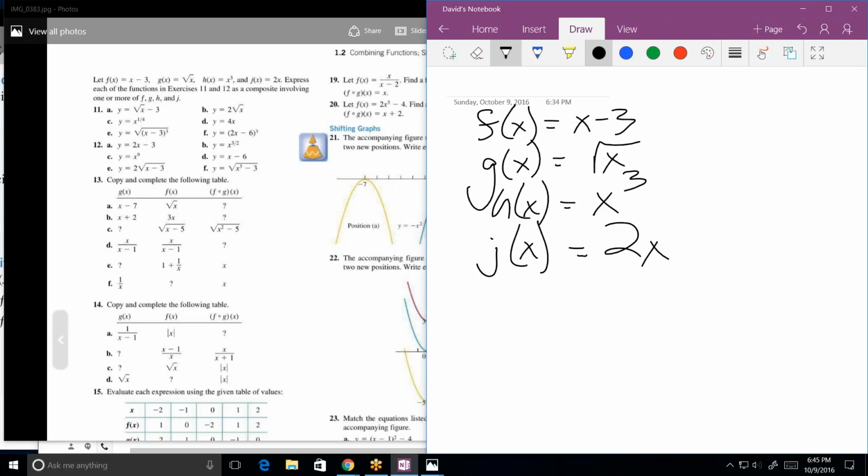So if I were to try putting all 3 of those as a composite function, what would I get? Put them together properly. We're going to have something that looks like f of g of h, or some combination of those 3.